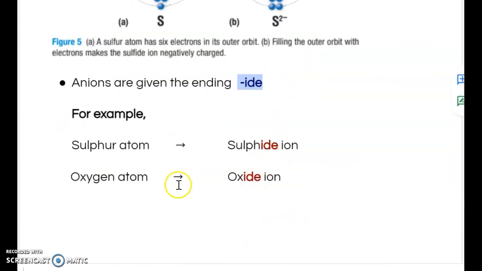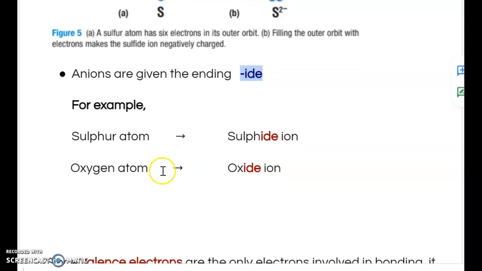So it becomes negatively charged, oxygen -2, and it becomes the oxide ion, looking like a noble gas, nice and stable. So for anions, you're always giving the ending IDE. For cations, you do not give any ending. It's still calcium, it's still sodium, it's still aluminum.